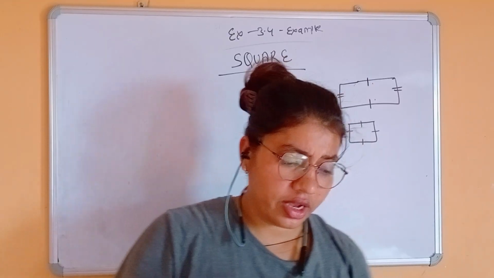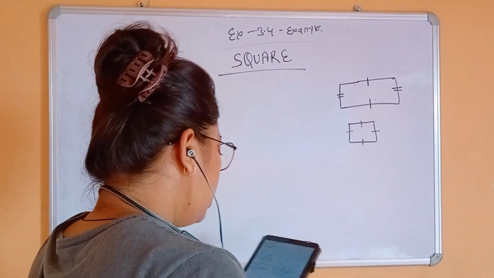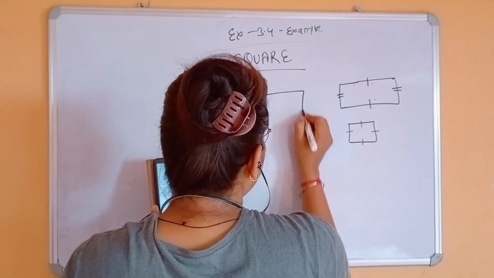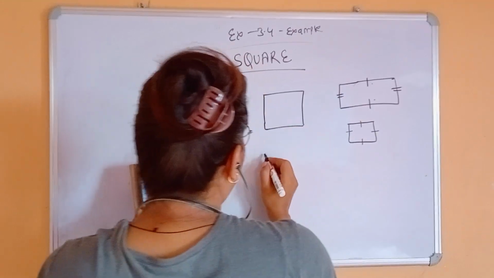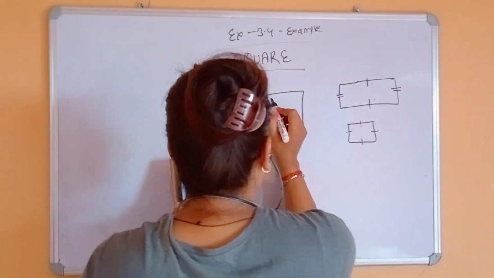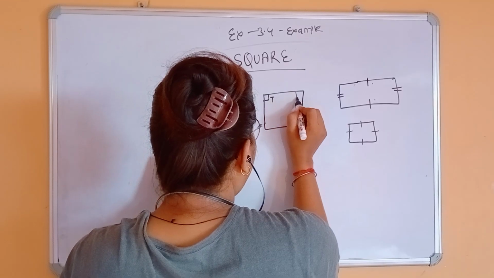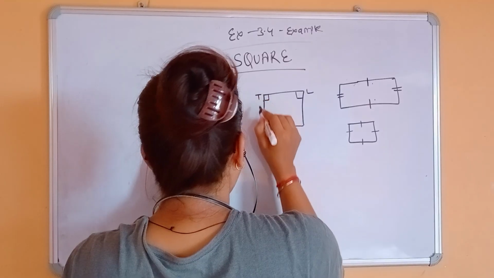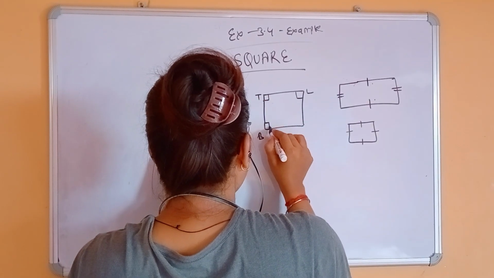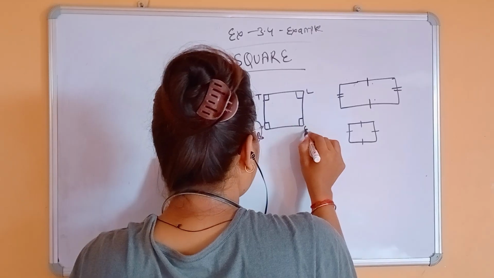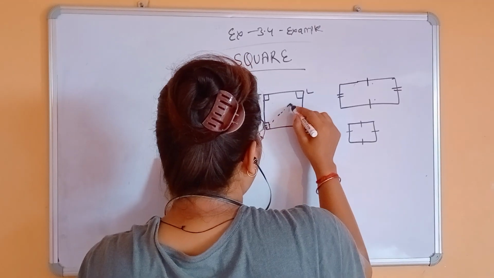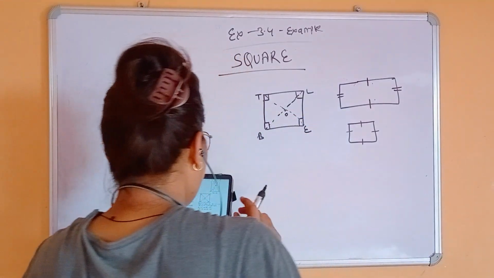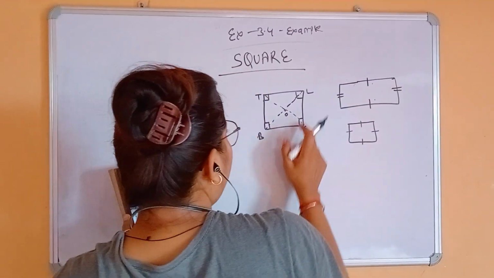Here we can draw one figure. First draw a square. All sides are equal, and each angle is 90 degrees, same as a rectangle. Label the vertices B, E, L, T, and cut the diagonals at O. So BELT is a square.